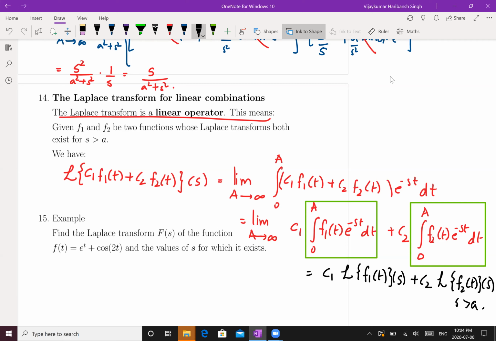So find the Laplace transform for the function f of t equals e to the t plus cos 2t, and the s values for which it exists.